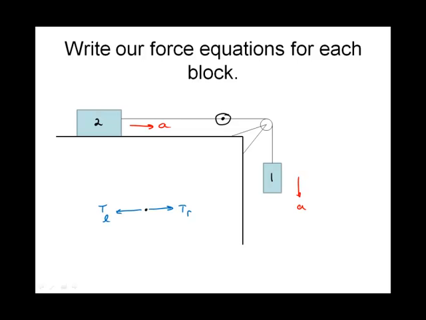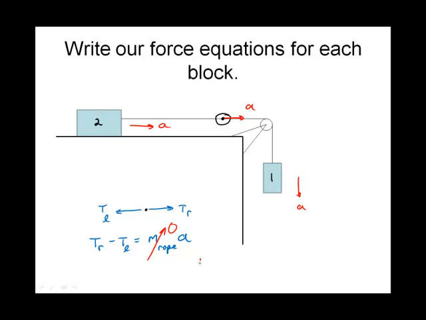So when I examine the sum of the forces on that piece of rope, I find out that T right minus T left equals the mass of the rope times the acceleration of the rope. Now that piece of rope is definitely accelerating, has the same acceleration as block 1 and block 2. However, if it's a massless rope, this term goes to 0. Even though there is an acceleration, the mass of that piece of the rope is 0.